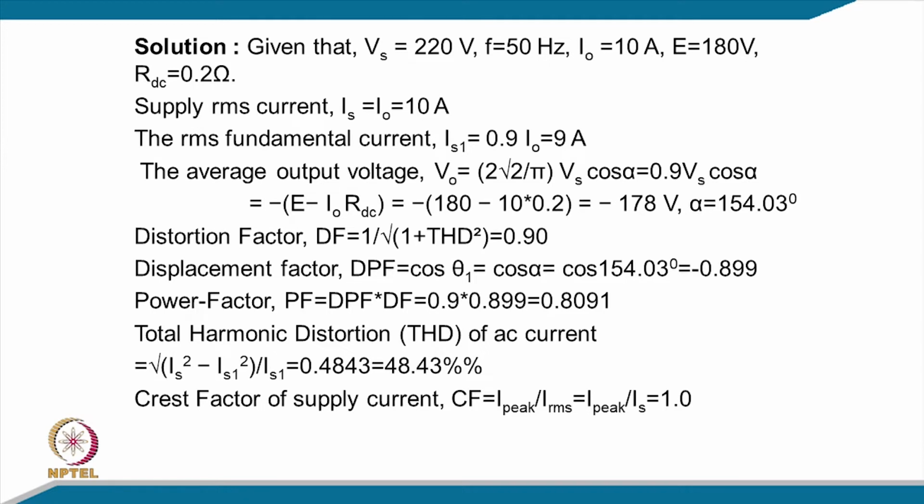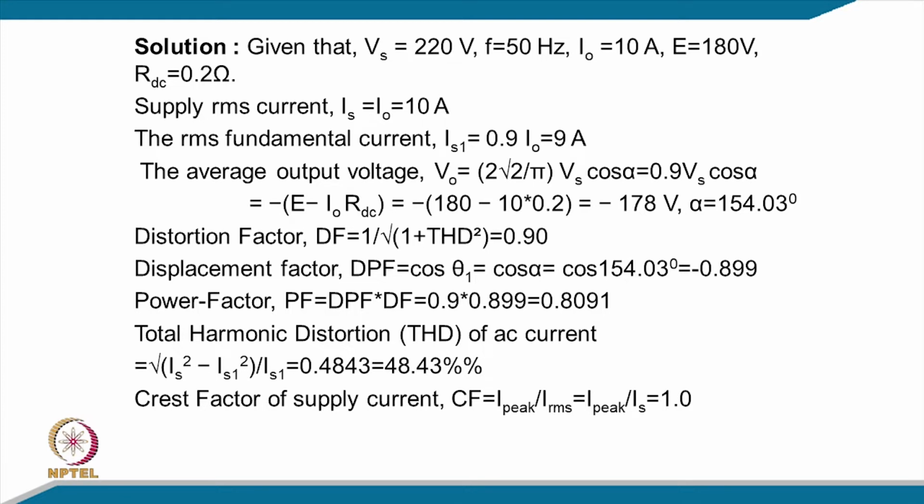Then the RMS fundamental will be 0.9 I0, that is 9 ampere, and the average voltage will be 2 root 2 upon pi into Vs cos alpha, that will be 0.9 Vs cos alpha, and it will be equal to minus E minus I0 R. Putting the value of this, we get minus 178, and putting the value, alpha comes to 154.03 degree, that is for inverter operation, because it is more than 90 degree.